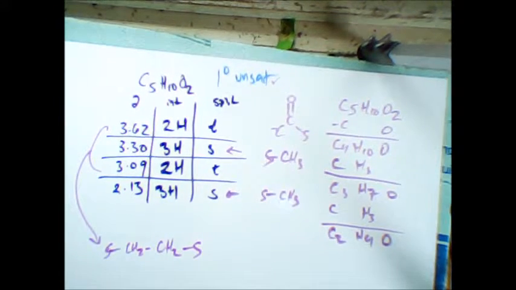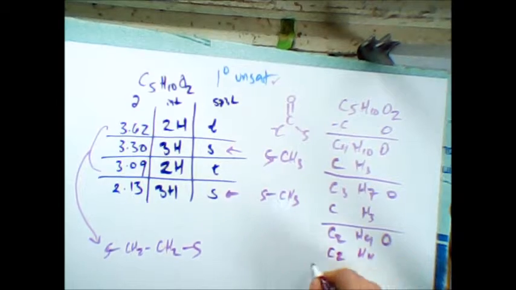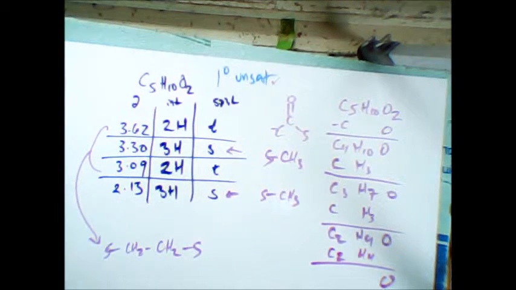Subtract our ethylene out, and we're left with just an oxygen, which tells us, hey, we've got an oxygen. Those are all of our pieces. Count them. 1, 2, 3, 4, 5. 5 pieces. That's taken care of our entire formula. You should get to this point before you start trying to put things together.